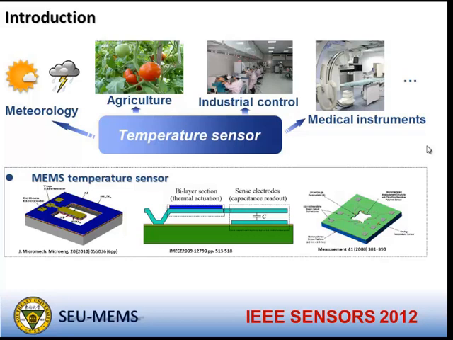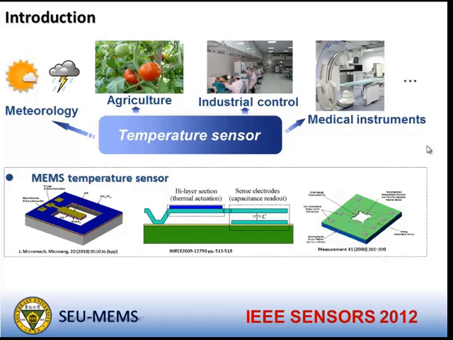So we can see that the left one is a capacitive temperature sensor, which can be used in the range of temperature of negative 70 degrees centigrade. It is very hard for an integrated circuit temperature sensor.